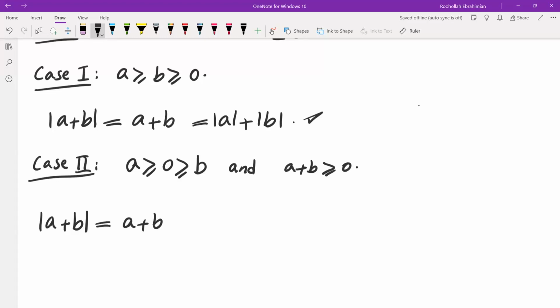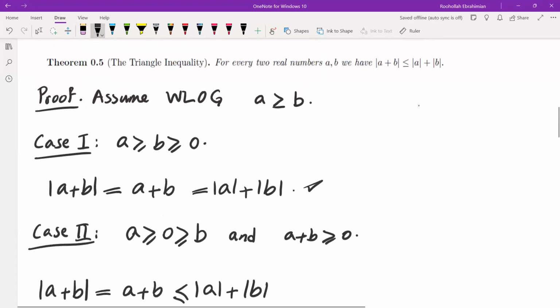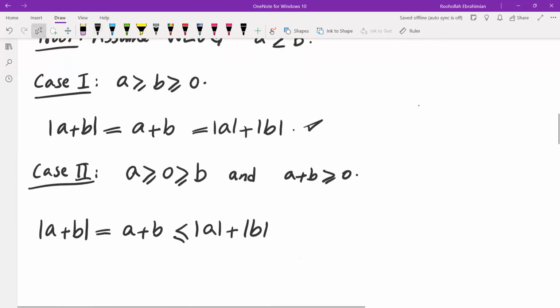And this would be the absolute value of a plus, okay, so this one is b. So b is negative. So I can write it down as less than or equal to the absolute value of a plus the absolute value of b.